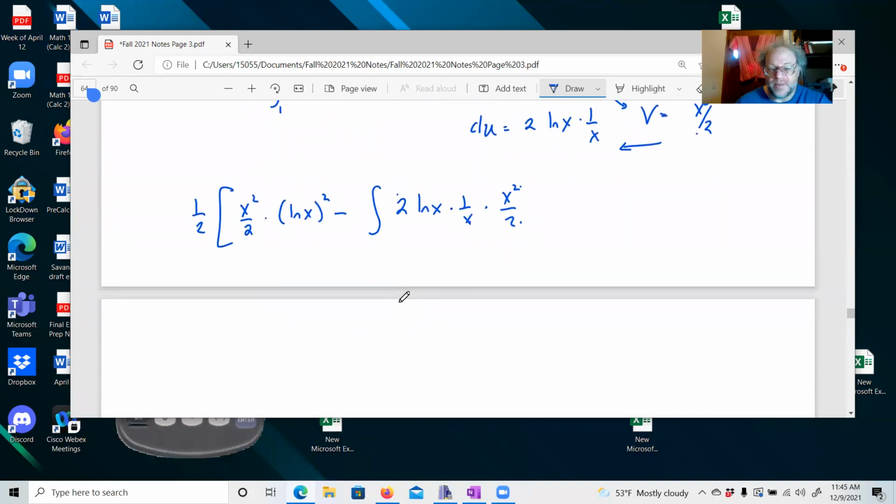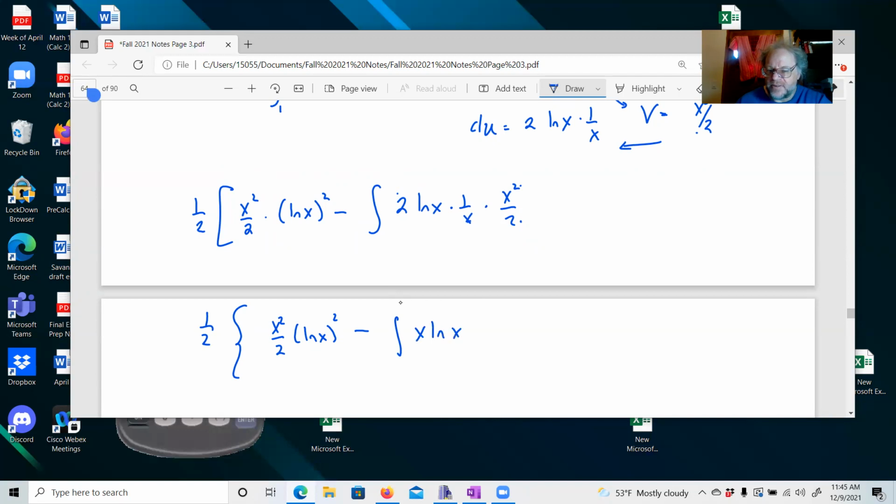So this is going to be 1/2 big parentheses, and we're going to have x squared over 2 ln x squared minus integral. 2's cancel, so one of the x's cancels. We have x ln x. Okay, what joy. We got to do it again.